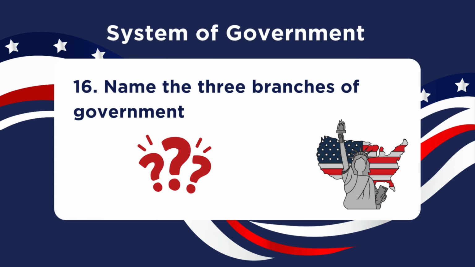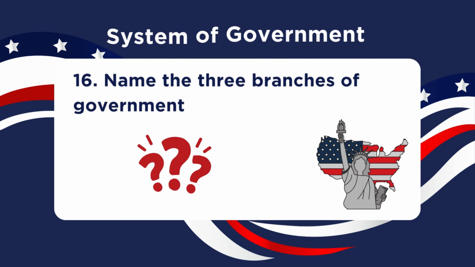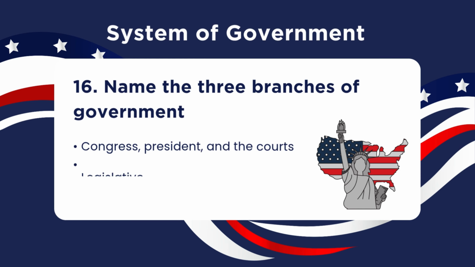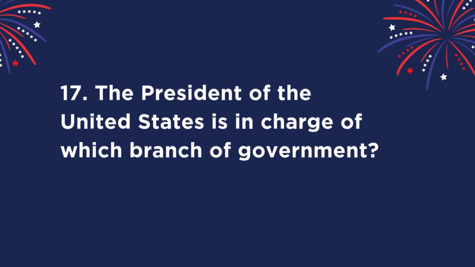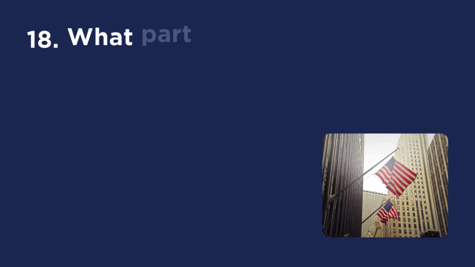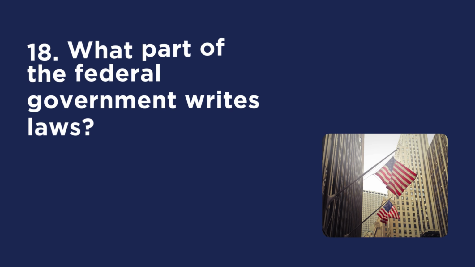Name the three branches of government. Congress, President, and the courts. The President of the United States is in charge of which branch of government? Executive branch. What part of the federal government writes laws?